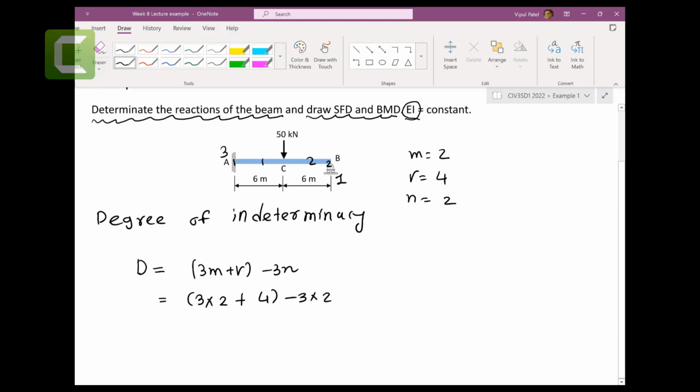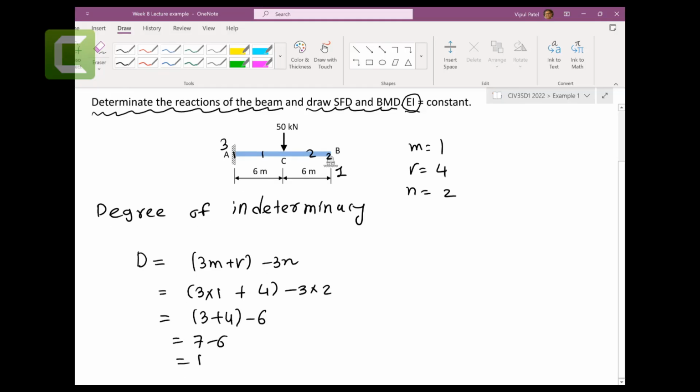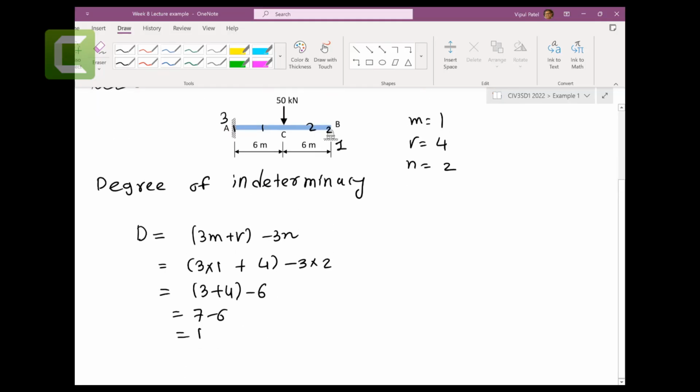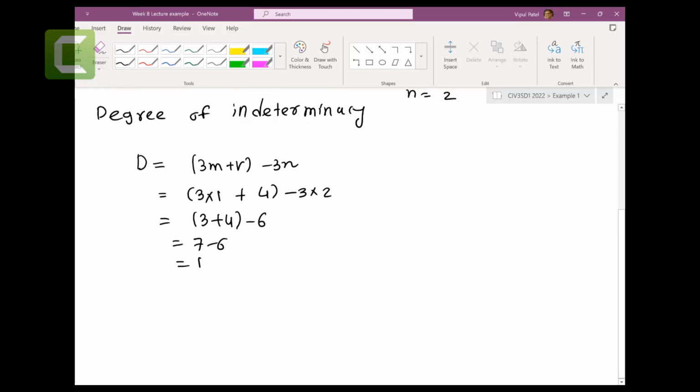Number of members, oh, there is only one member, sorry. So 3 plus 4 minus 6, 7 minus 6, 1. Okay, sorry, let me make the correction. Number of members is equal to 1. So there is only one member. All right, degree of indeterminacy is done.